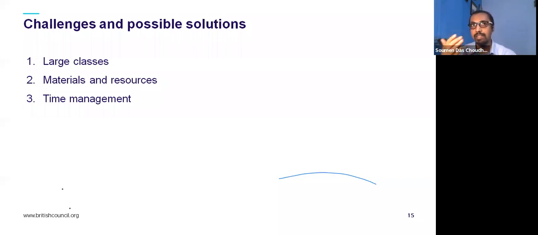Time management could be a possible issue initially at the planning stage, but once you get used to catering to the needs of your learners, it will be easier. In fact, for large classes, monitoring becomes very integral. When you have a class size of 50 or 40 or more, you can take a few of your stronger learners in confidence and encourage peer monitoring as well. That is one of the solutions I can think of.